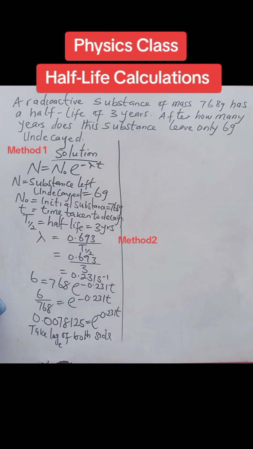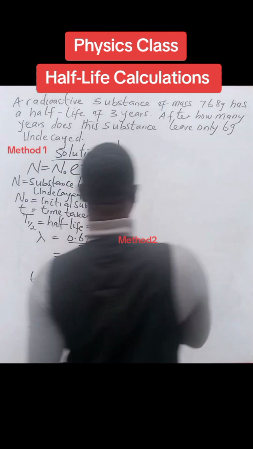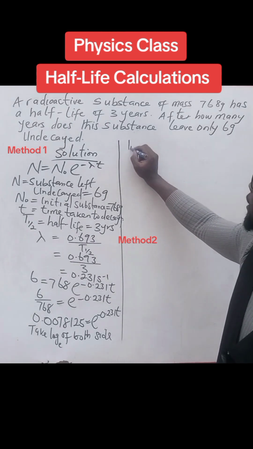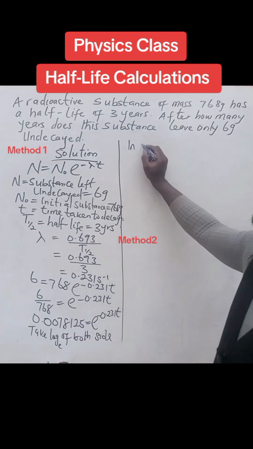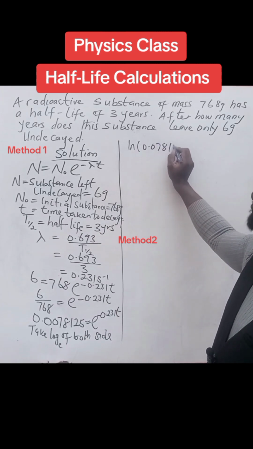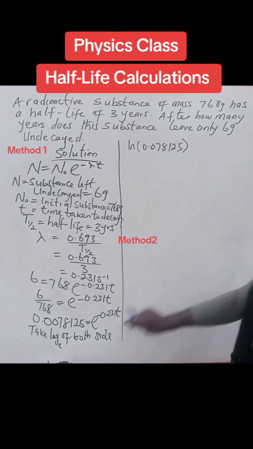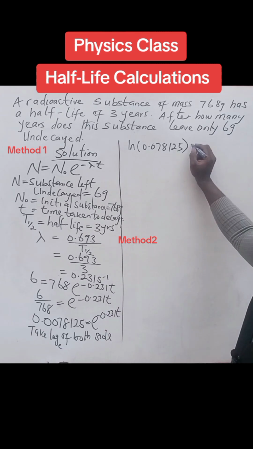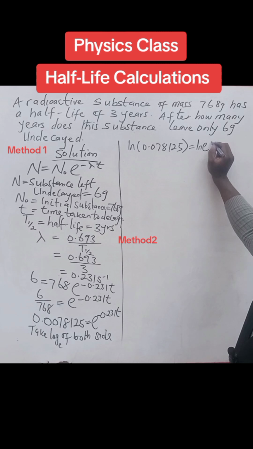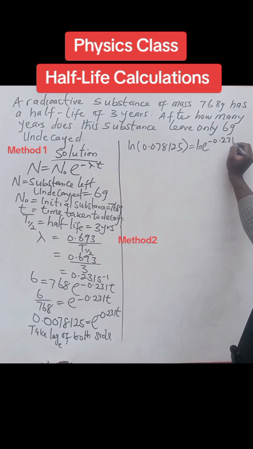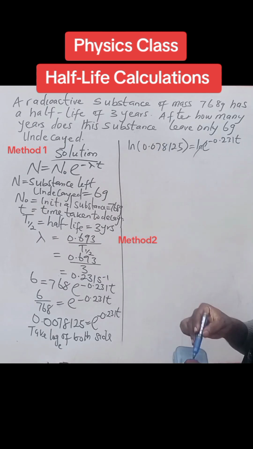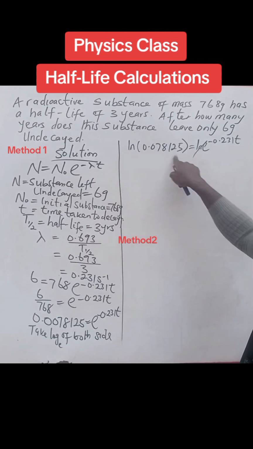Once you do that, we have ln of 0.0078125 equals ln of e raised to the power of minus 0.231 t. The ln and the exponential cancel each other out. Then we look for the log to base e of this.